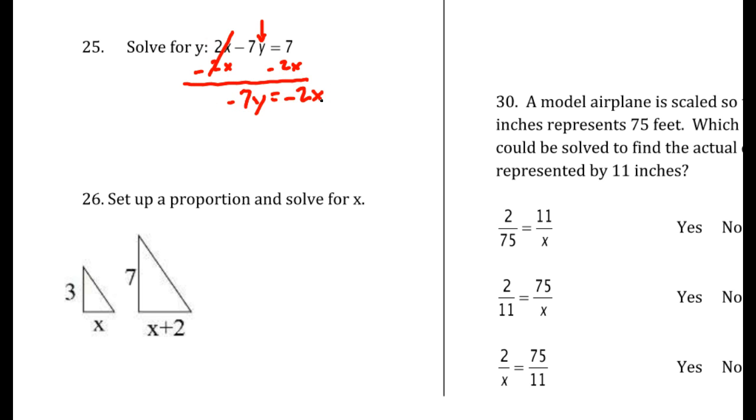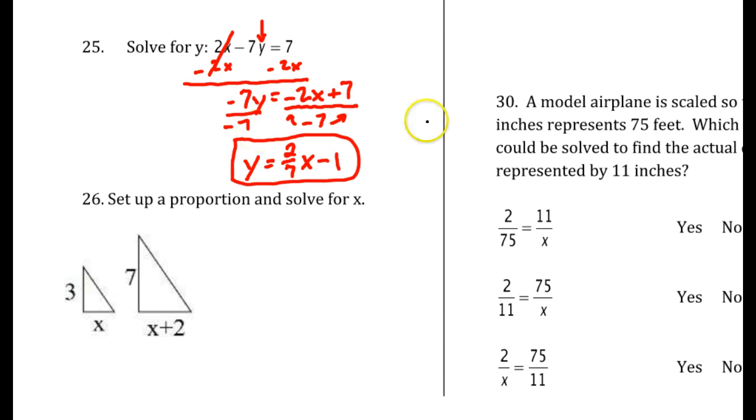Negative 2x plus 7, and then divide by the negative 7. Okay, make sure you distribute. So negative 2 divided by negative 7 is just 2 sevenths, positive. And 7 divided by negative 7 is negative 1. There we go.